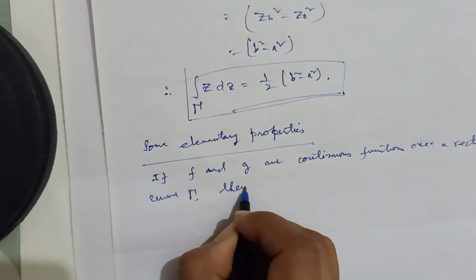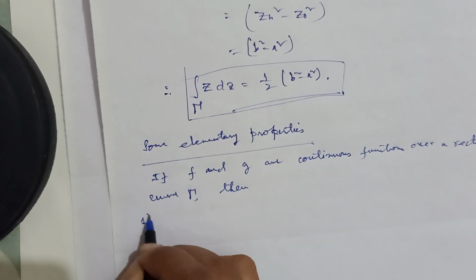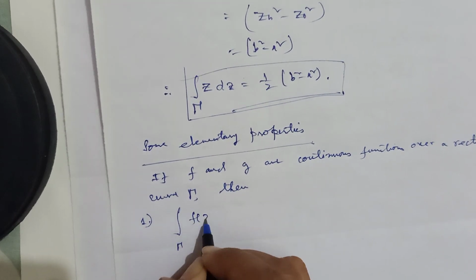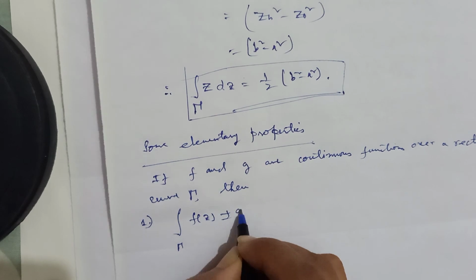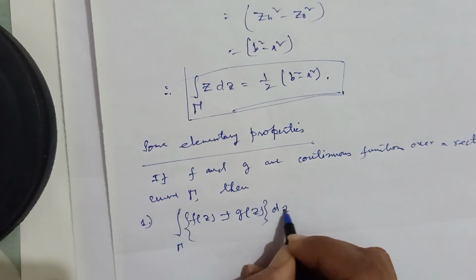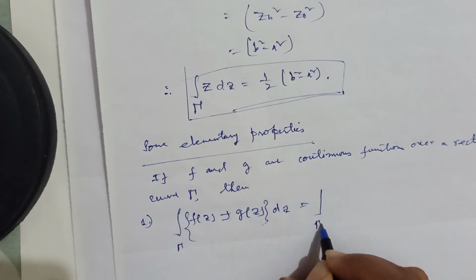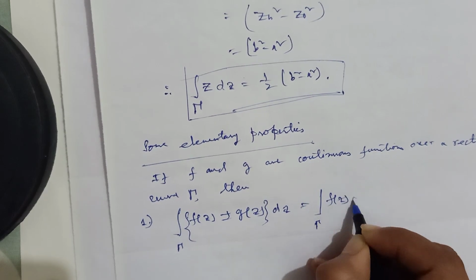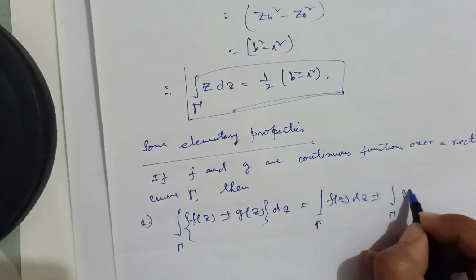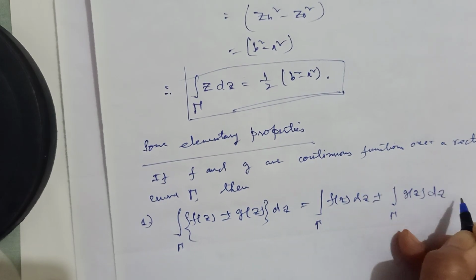property 1 is the integration over gamma of (f(z) plus or minus g(z)) dz equals the integration over gamma f(z) dz plus or minus the integration over gamma g(z) dz, okay.